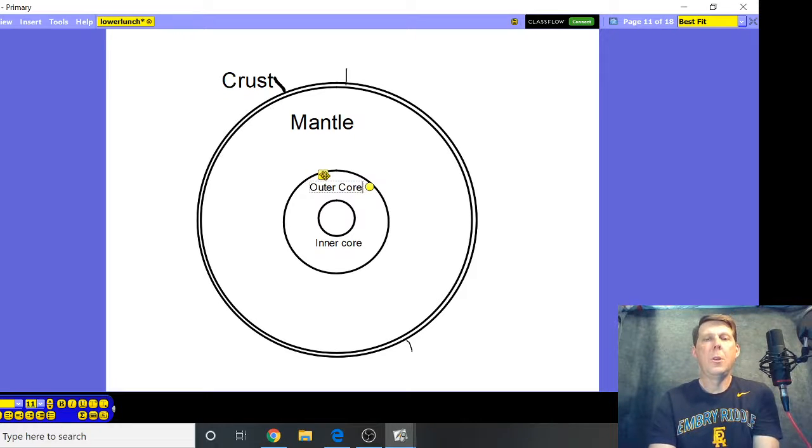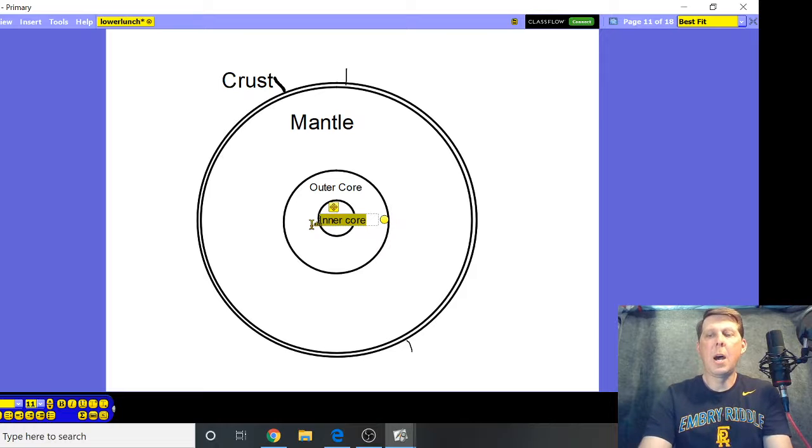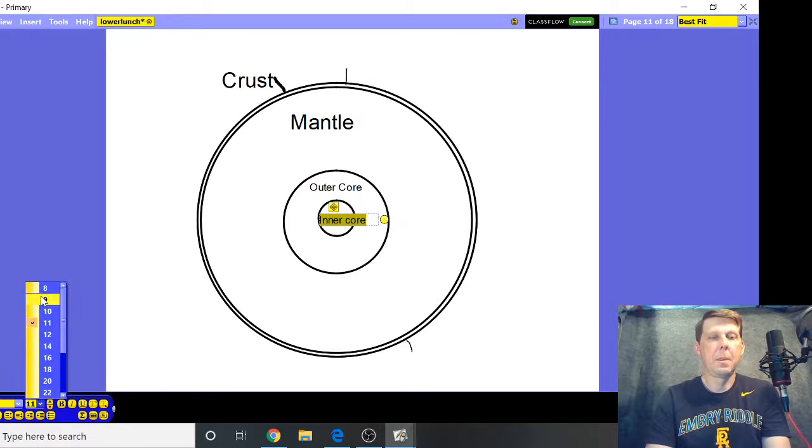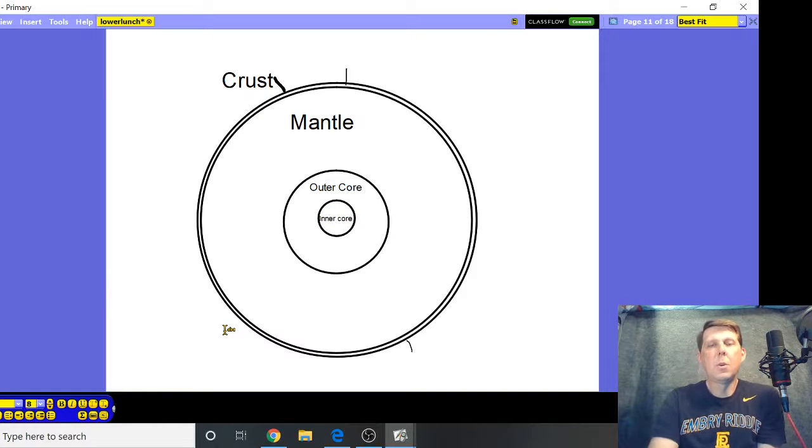All right, what do we think we know about these? This inner core, we believe, is solid, made of mostly iron, and it's actually spinning. So the inner core is iron. We believe this outer core is liquid, and then this is sort of a solid liquidy material.